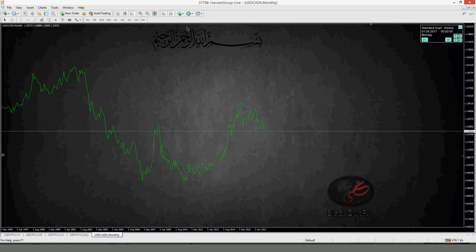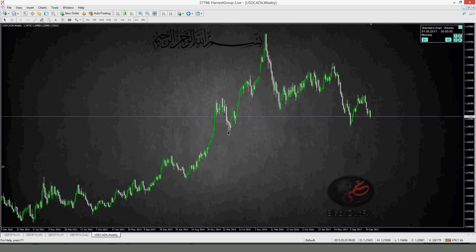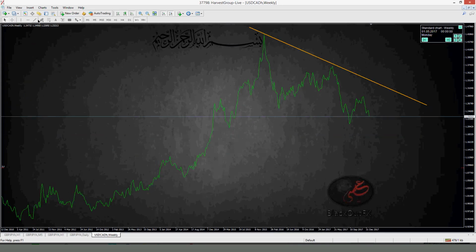So if I don't have any information at this particular time frame, I would go to weekly. All right, so on a weekly time frame I have a much better vision of what the market is trying to do. Okay, so I would always use the trend lines. Doesn't have to be perfect, but it's just to show what the market is trying to do.